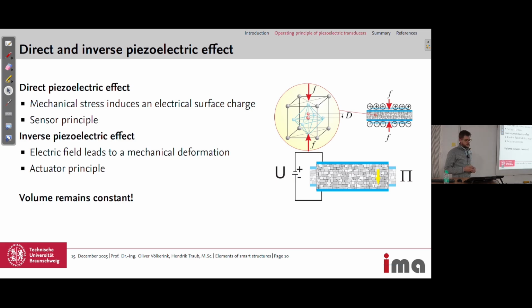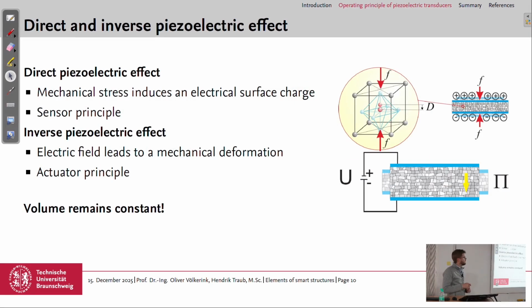As mentioned, we have the direct piezoelectric effect, where mechanical stress induces an electrical surface charge. This is the sensor principle. If you deform the piezoceramic, you have an electric charge which you can measure, and then you can use it as a sensor. And you have the inverse piezoelectric effect, where an electric field leads to a mechanical deformation.